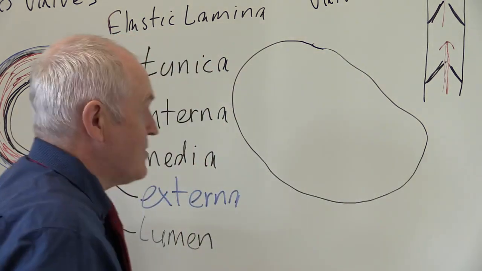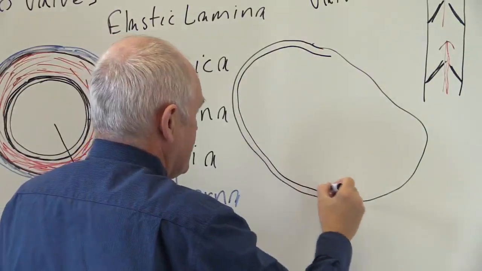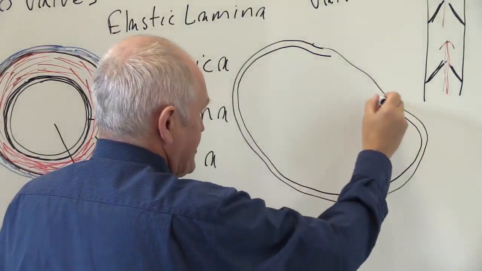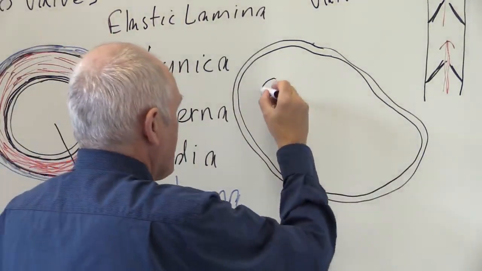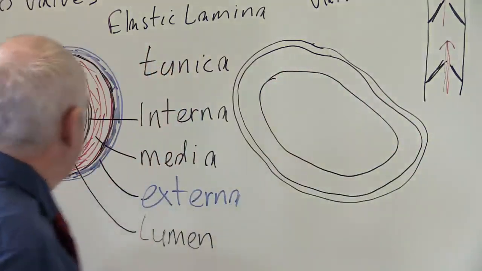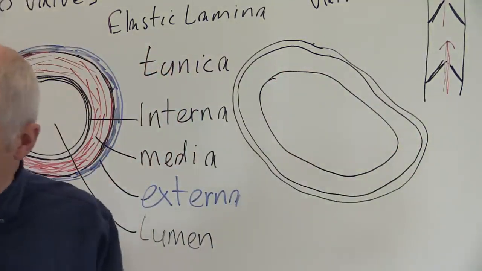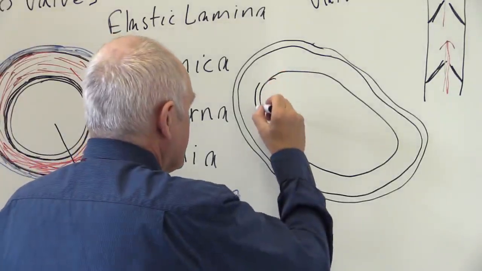and the layers are pretty well the same. We've got the externa or the adventitia, then we've got the media. The media is relatively thinner than in the artery, and then inside we have the intima. There's the intima there.